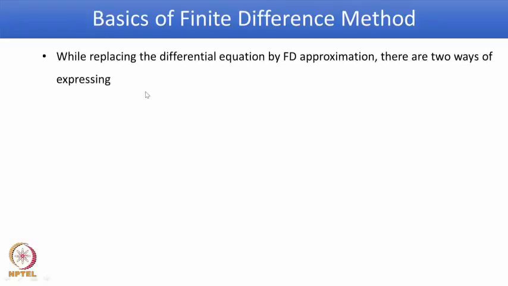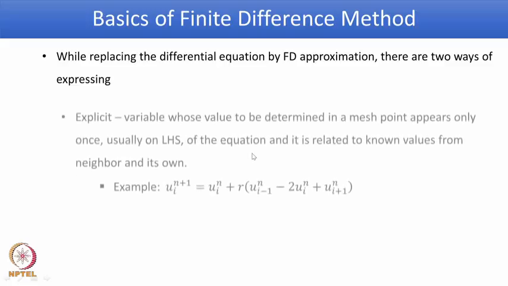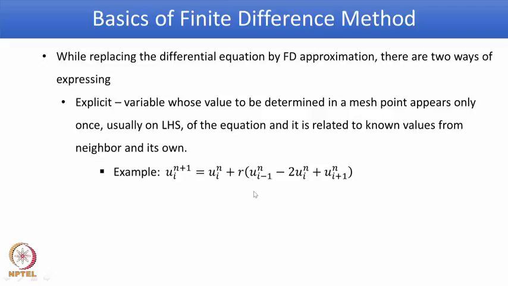So, while replacing the differential equation by a finite difference approximation, there are two ways of expressing. The first one is an explicit way of expressing. In this case, there is a variable of interest. For example, if you are solving the u momentum equation, u is the variable of interest, and if you are solving the energy equation, temperature may be the variable of interest.